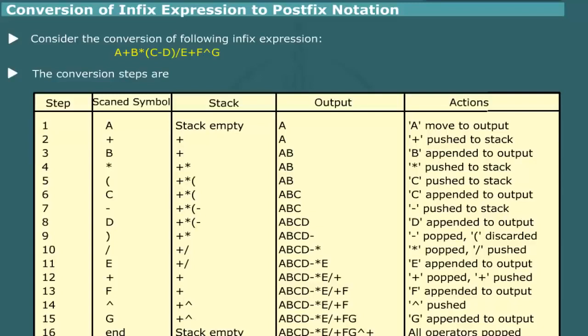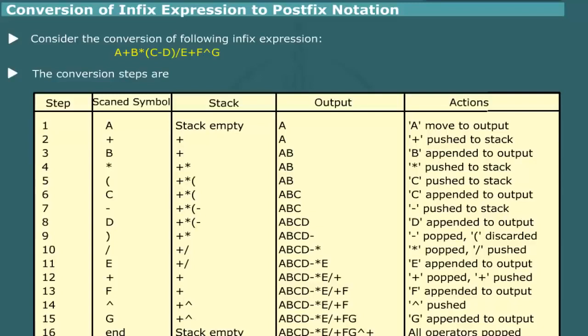At step 10, slash is encountered. As a result, asterisk, which has the same priority as slash, is popped and appended to the output, and slash is pushed to the stack. At step 12, plus is encountered, which has lower priority than slash in the stack.